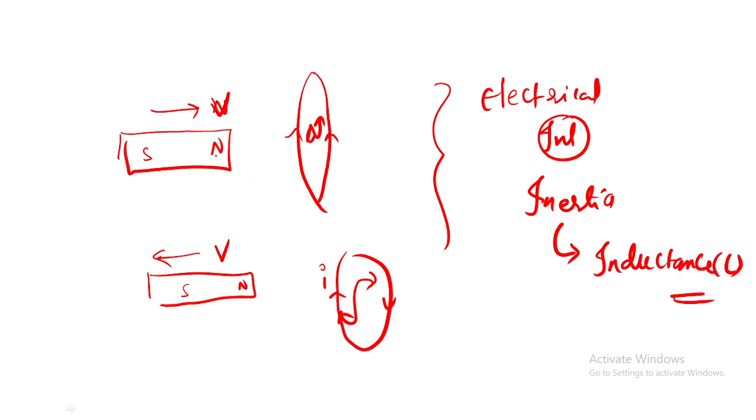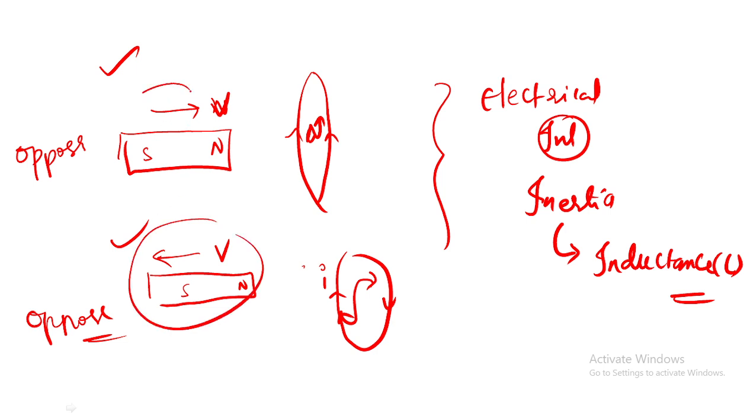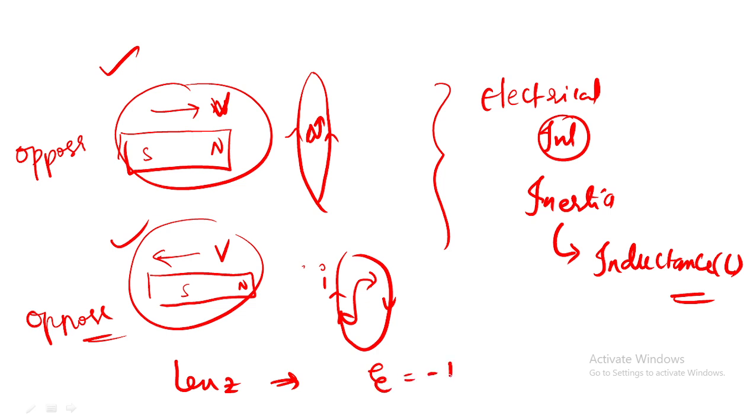So whenever you are trying to go towards it, it will oppose, and whenever you try to go away from it, it will also oppose. In both cases, the induced current tries to oppose. This is given by Lenz. Lenz provided the direction that EMF is equal to N times d flux divided by dt.